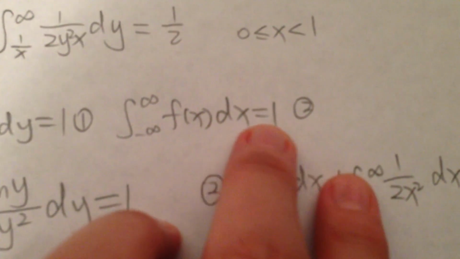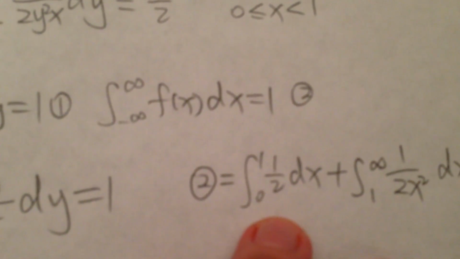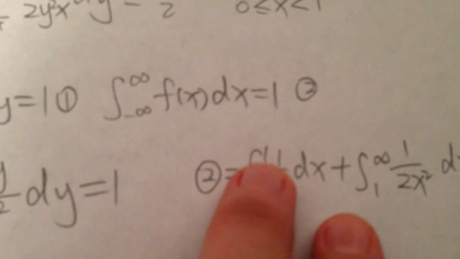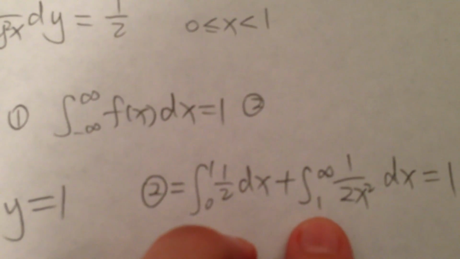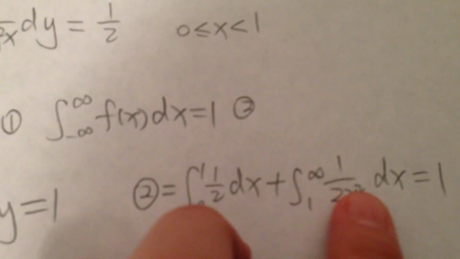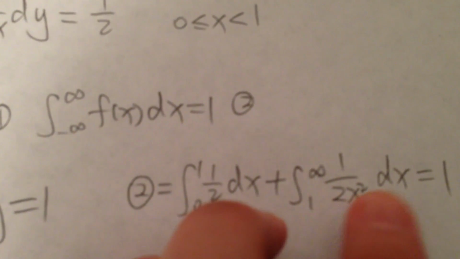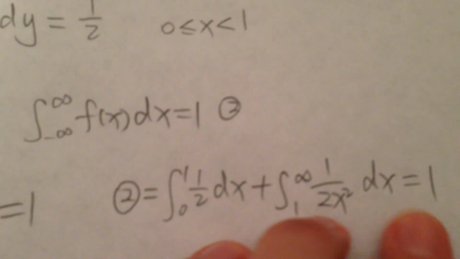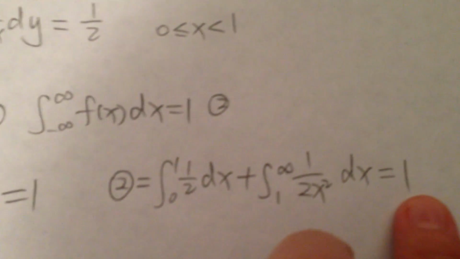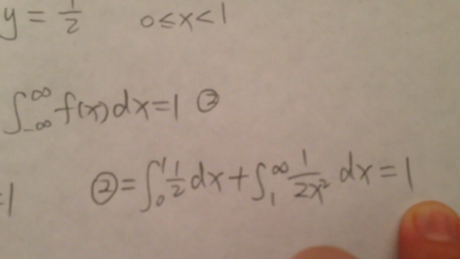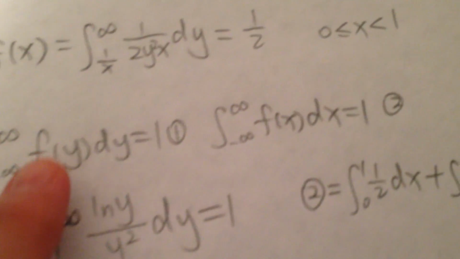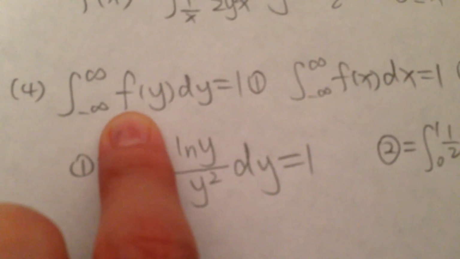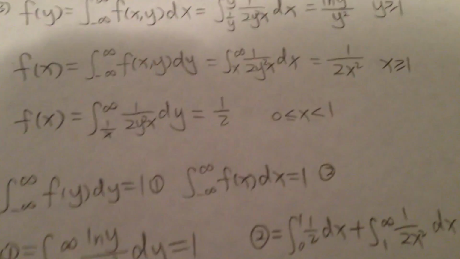And equation 2 equals the integral from 0 to 1 of a half dx plus the integral from 1 to infinity of 1 over 2 times x squared dx. This formula is also equal to 1. That means both fx and fy are valid. So this is the whole answer for question 2. Thank you.